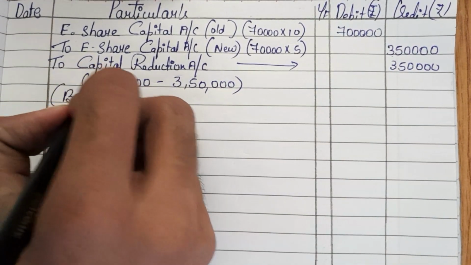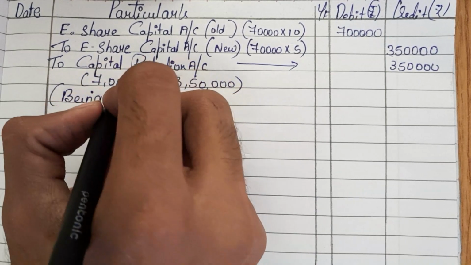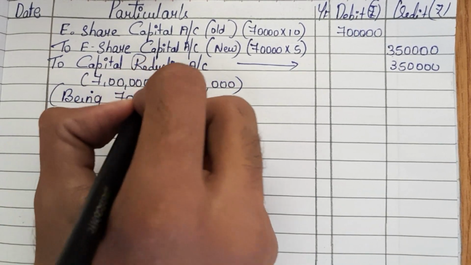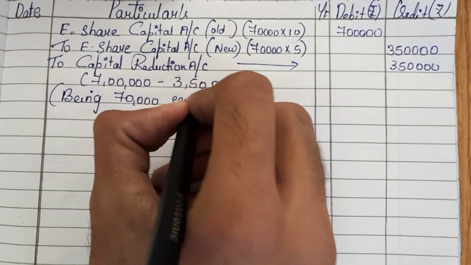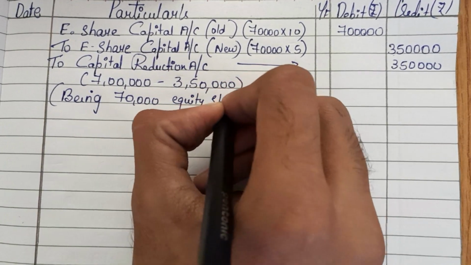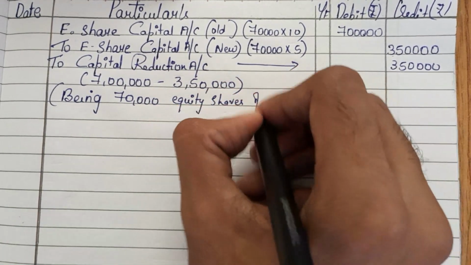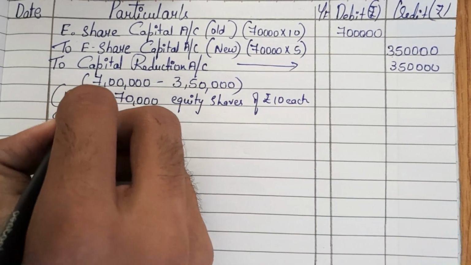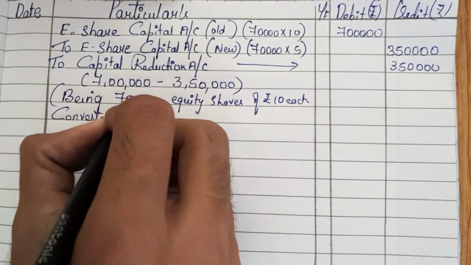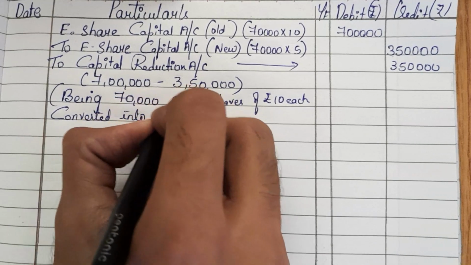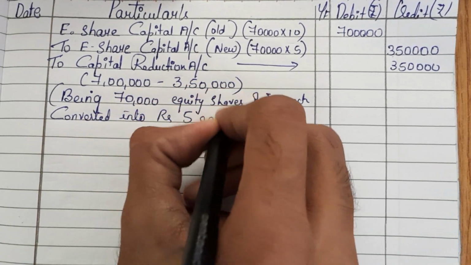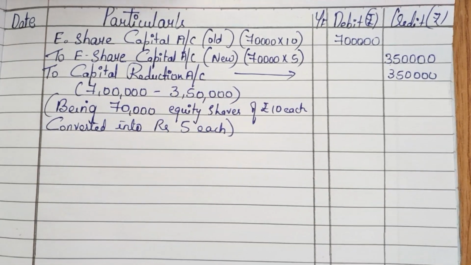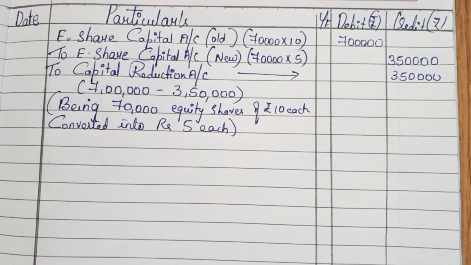So the narration will be: 70,000 equity shares of rupees 10 each converted into rupees 5 each. So 10 each is converted into rupees 5 each. This is the first journal entry.